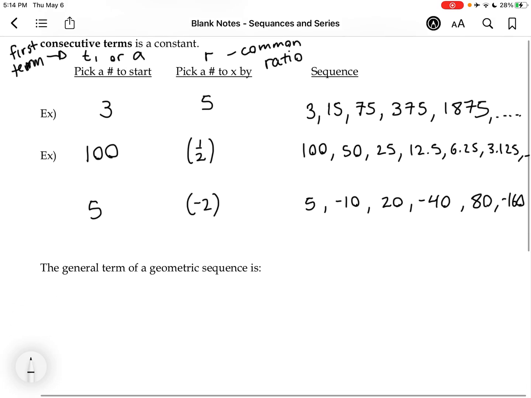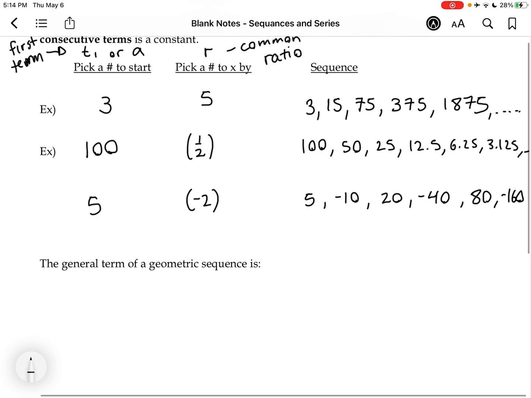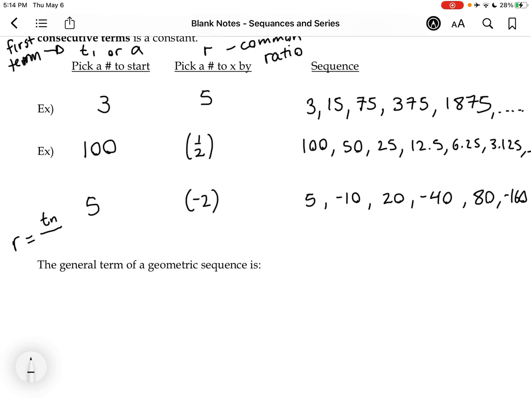And actually, what I should mention, and I just sort of verbally said that, is that R is always equal to one term divided by the term that comes before it, right? So for example, if I go T2 divided by T1, 15 divided by 3, that's 5.